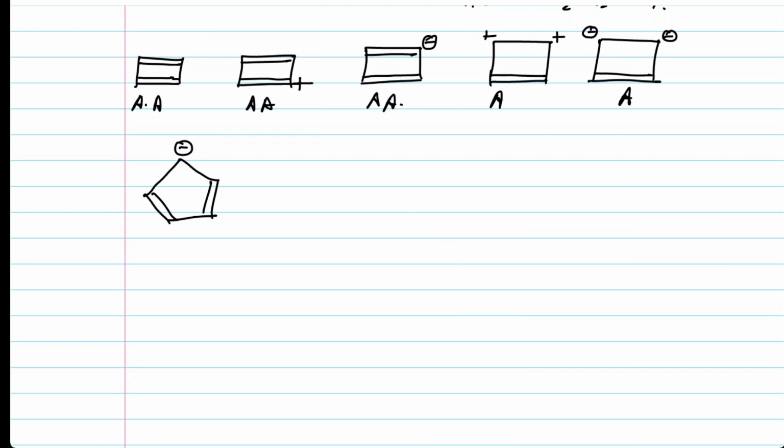Talking about structures, like cyclohexa-1,4-diene, you might be tempted to say that there are 4 electrons taking part in conjugation, but the problem is these 4 electrons are not even conjugated. This is non-conjugated, so of course it can't be aromatic.